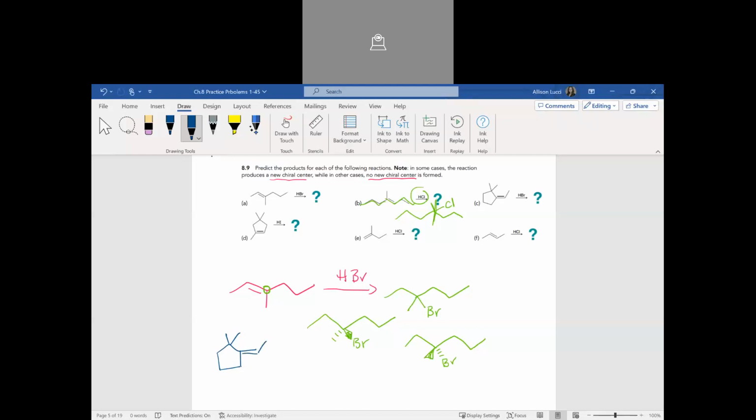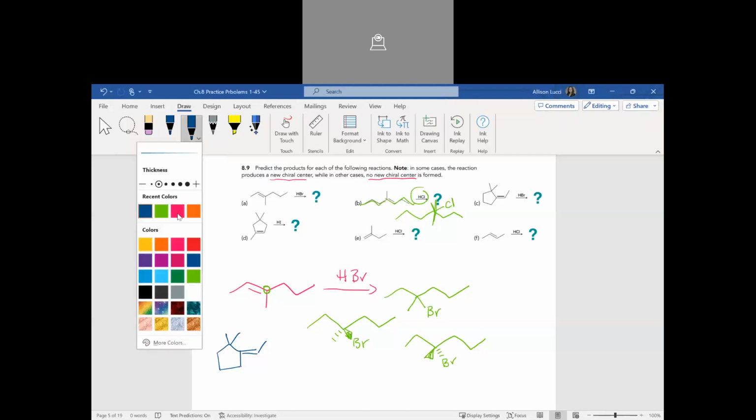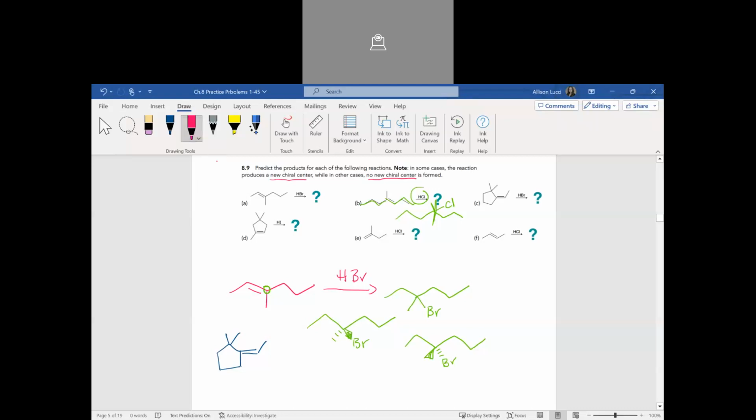When HBr adds to this double bond, the bromine will add to this spot here on the double bond. Oh, I'm sorry, actually the bromine will add rather to this site here. So we're going to have an ethyl substituent, and this portion here will remain.